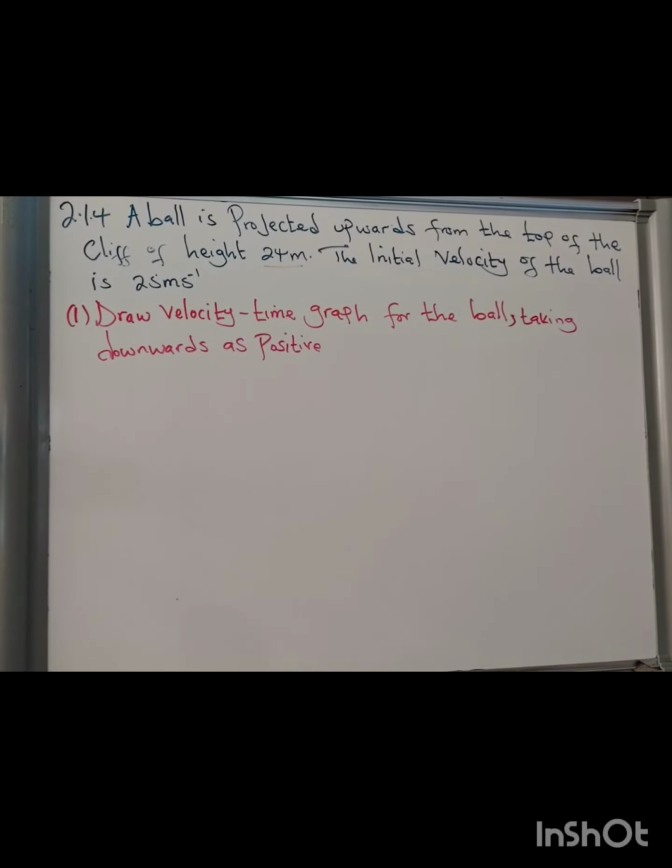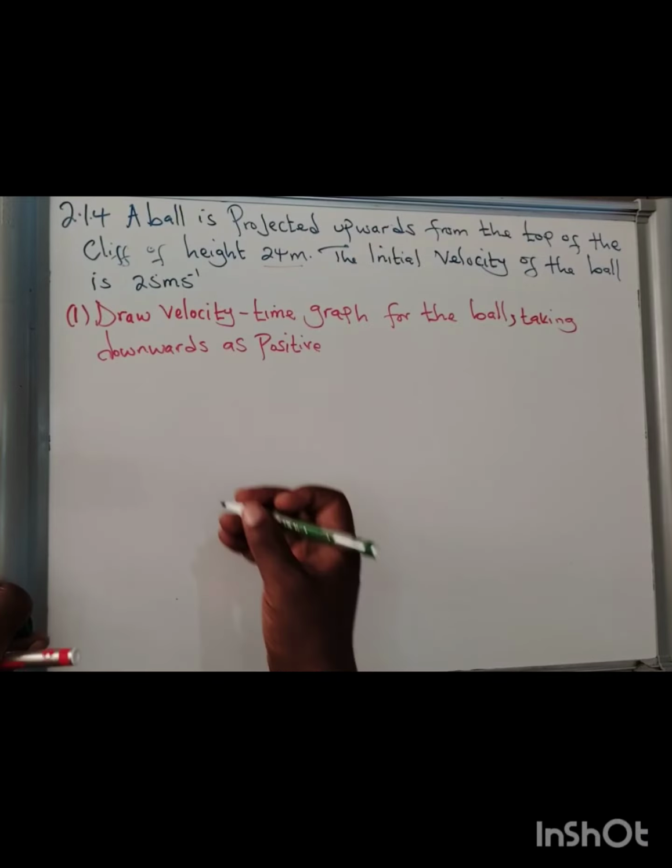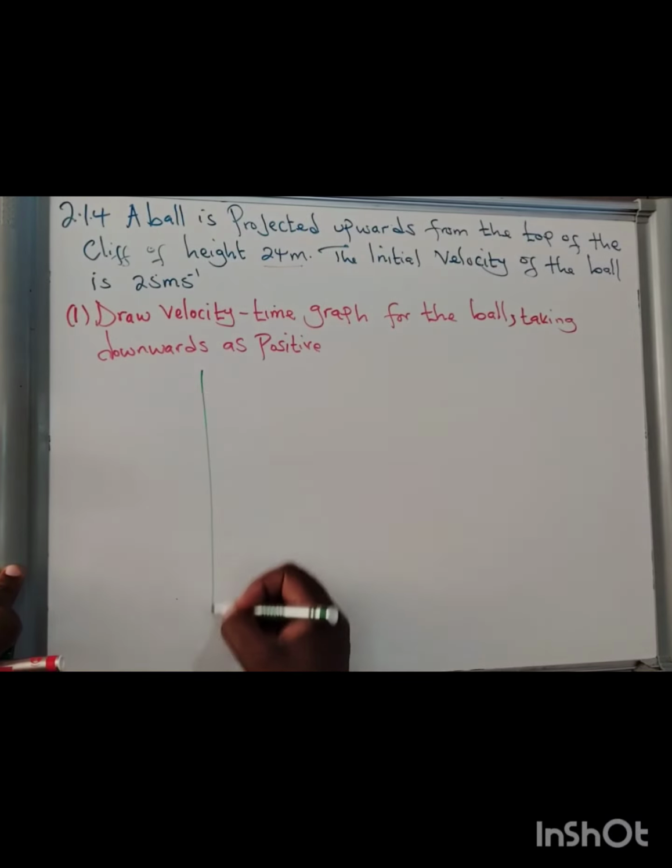Yeah. And then comes another question here, almost the same as the one we've just done, saying, draw velocity time graph for the ball, taking downward as positive. Okay, how do you go about this? We start with the axis. You have the axis.